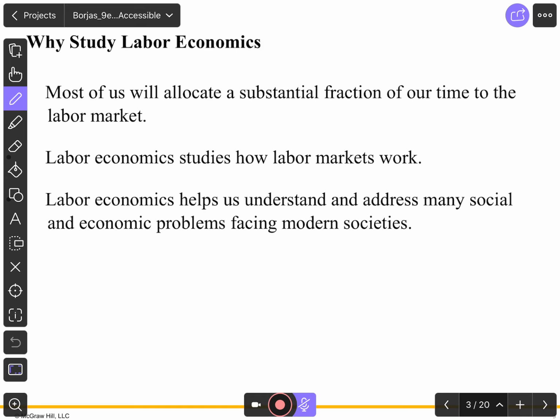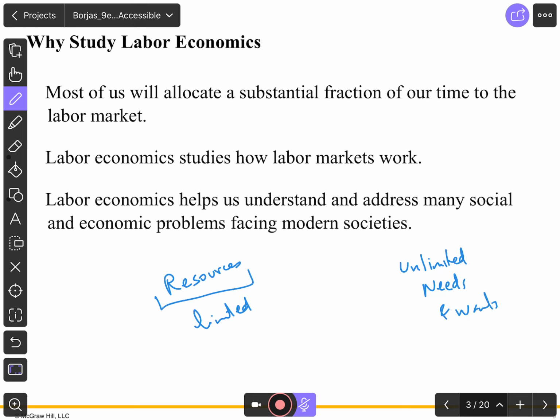So why are we studying labor economics? In general in macroeconomics we're talking, for example, about resources, right? And these resources are limited, right? So we have a limited amount of resources, but in the meantime we have unlimited needs and wants, right?